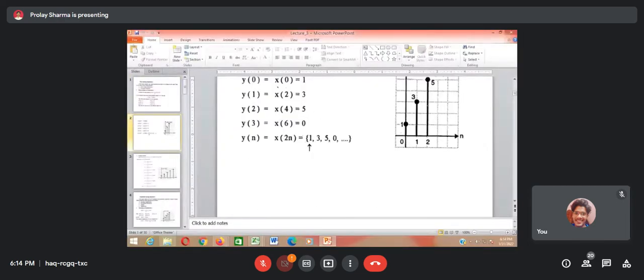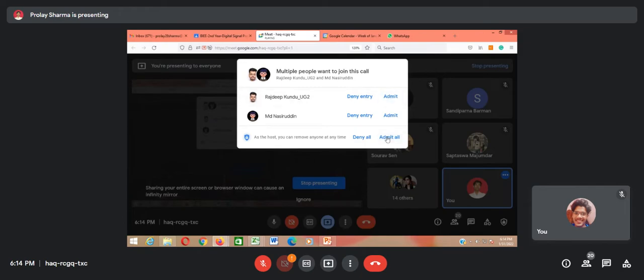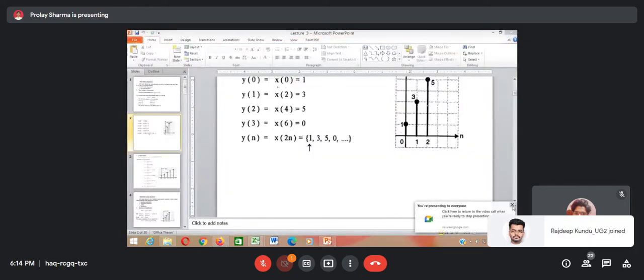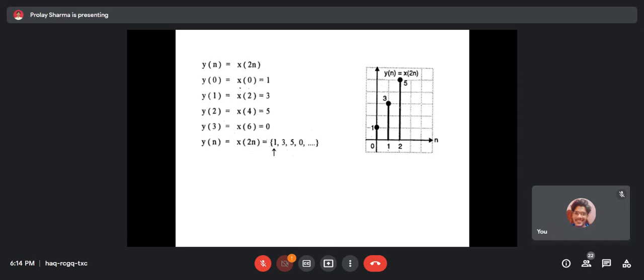But after this type of operation, we observe that the sample values decreased from 5 to 3.